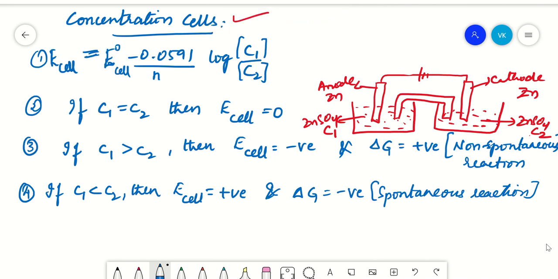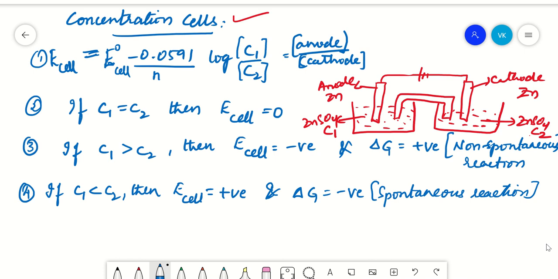So here, the relation between E cell, E naught cell and concentrations will be E cell is equal to E naught cell minus 0.0591 by n log of C1 by C2. What is C1? C1 is your anodic concentration. As I said in the Nernst equation, C1 will be your anodic concentration and C2 will be your cathodic concentration. Whatever you did with the Nernst equation, the same thing applies here.